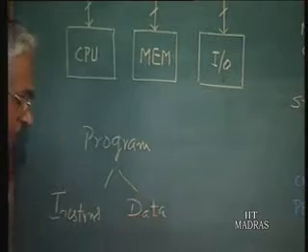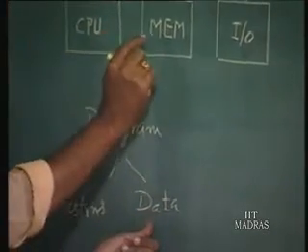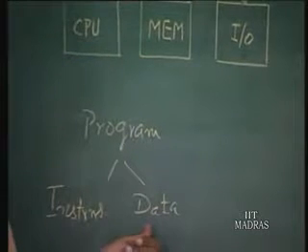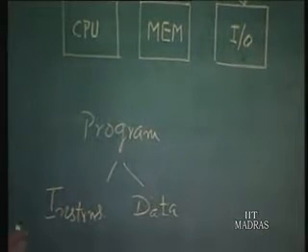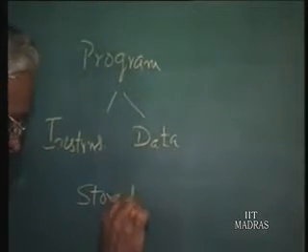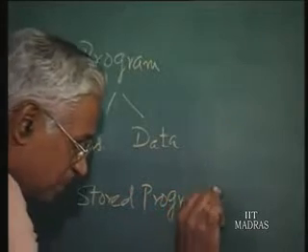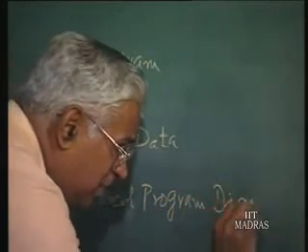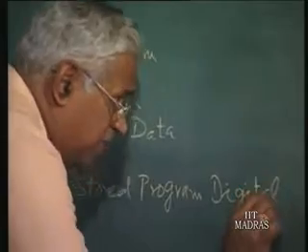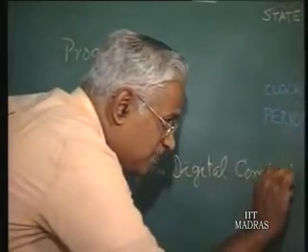Now these instructions and data are stored in the memory. In other words, what we have is the stored program digital computer. That is what essentially it is. The program is stored and the computer takes this particular program and keeps executing it.